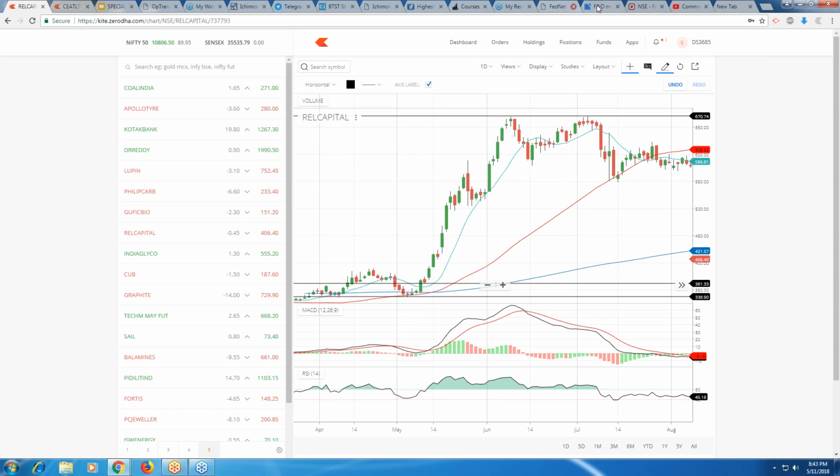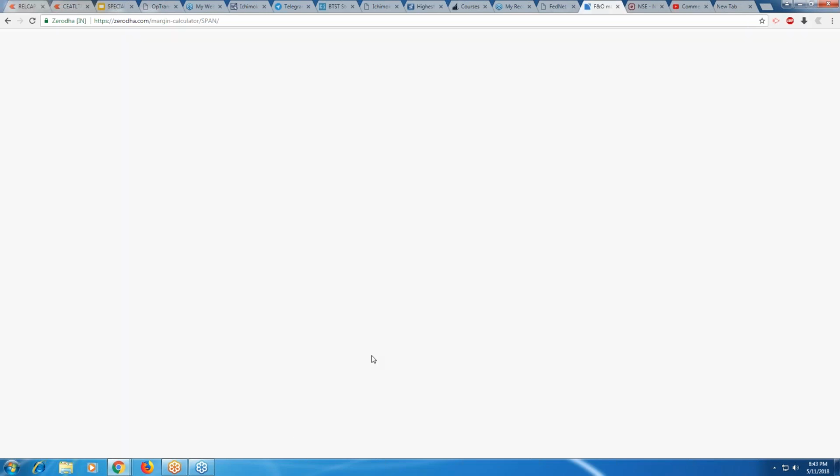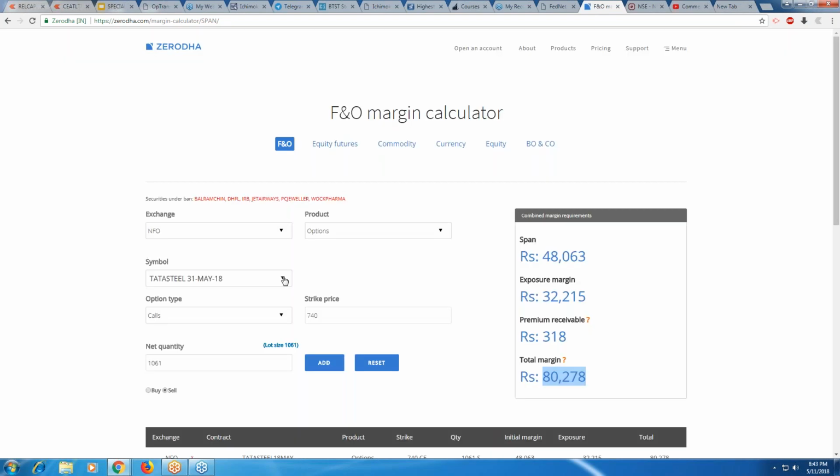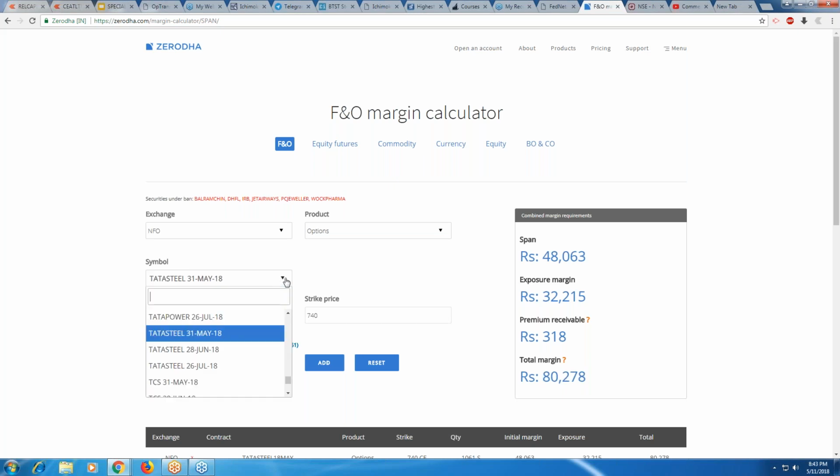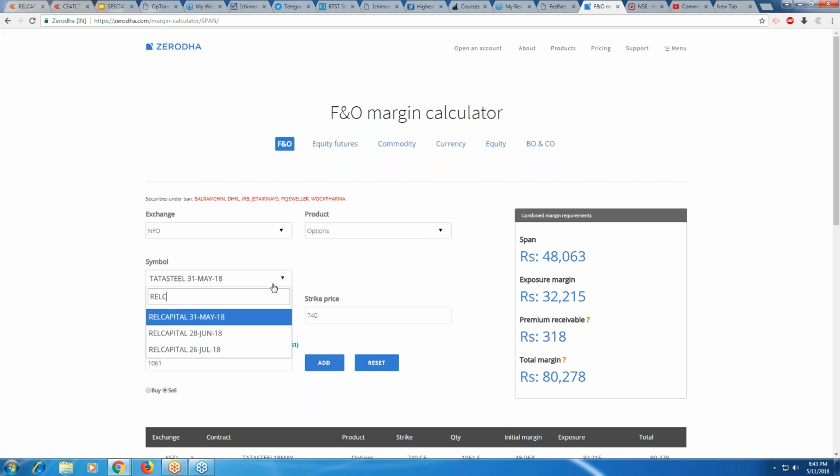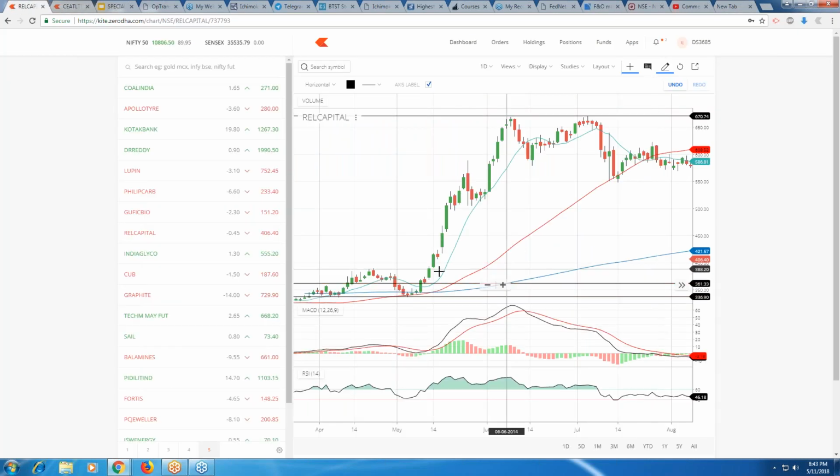Reliance Capital. You want to know the lot size? How much is the lot size of Reliance Capital? So let's look into the Reliance Capital lot size. Rel Cap. The lot size is 750. 750 into 300 points.